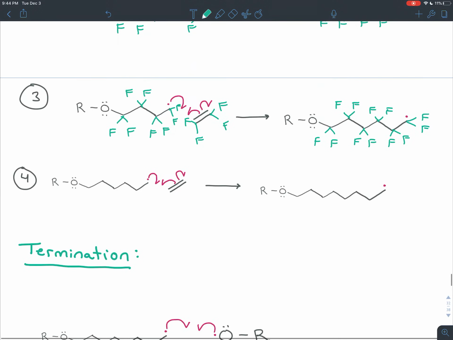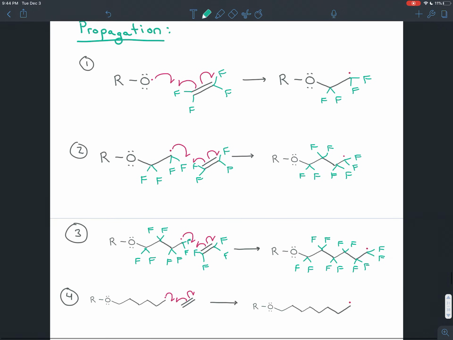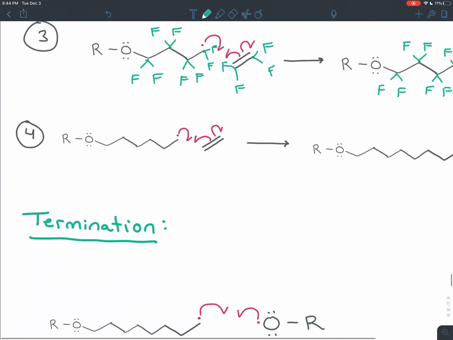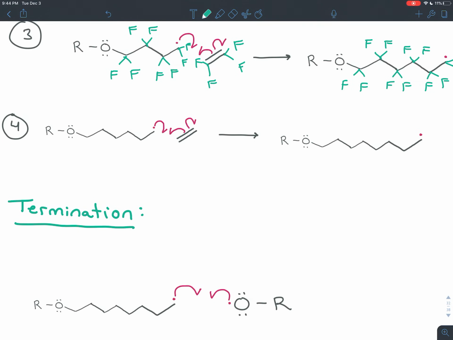Okay, one last step for the propagation. You want to make sure that you draw these with 4 propagation steps. So in the 4th propagation step, all of these carbons have 2 fluorines on them. This tetrafluoroethylene has 4 fluorines, 2 on each carbon. The radical contributes 1 electron and steals 1 from the pi bond to create a new sigma bond.